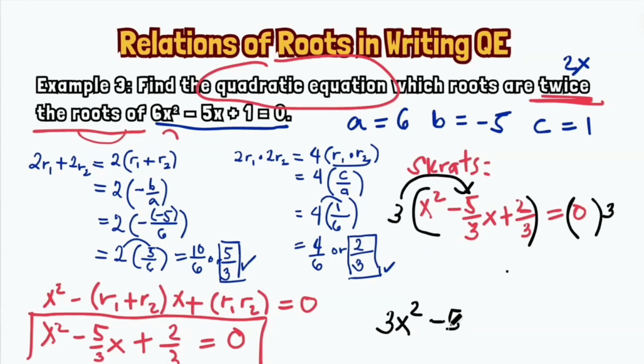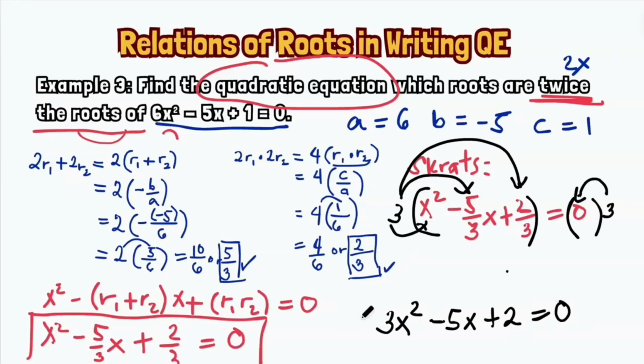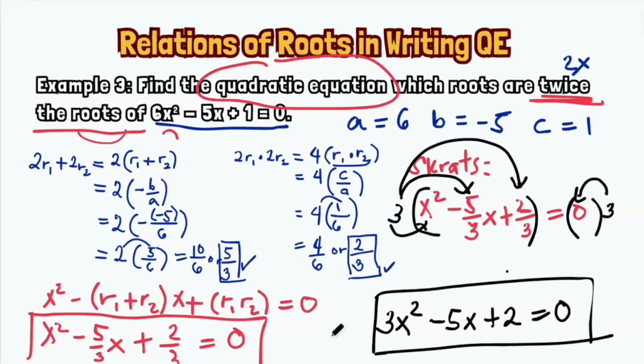So we have negative 5x. The next is we need to multiply 3 times 2, that is 6, divided by 3, that is going to be 2. So we have positive 2 equals 0 times 3, we have 0. So finally, yung ibang form nitong quadratic equation na to ay pwedeng isulat as this one. So this is gonna be the final answer. 3x squared minus 5x plus 2 equals 0.